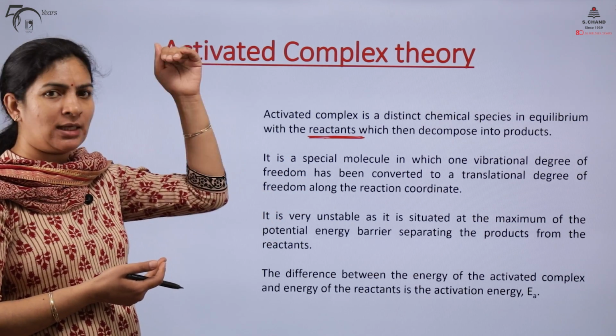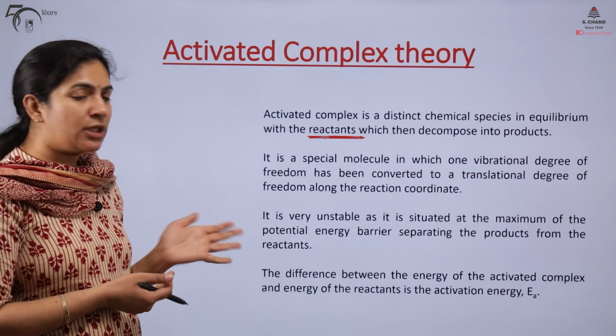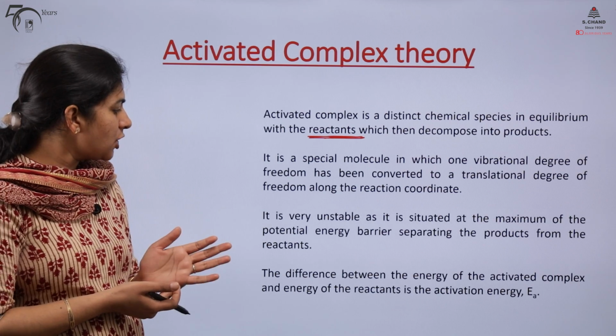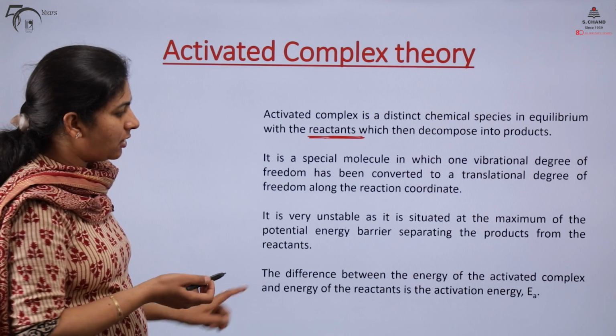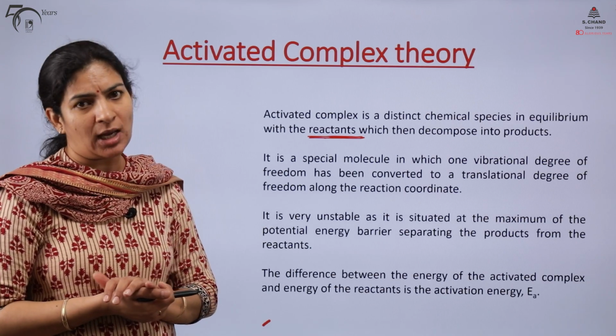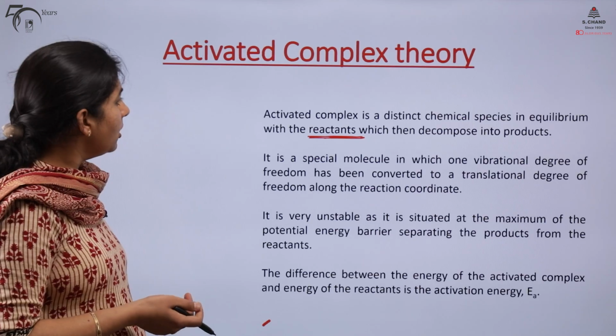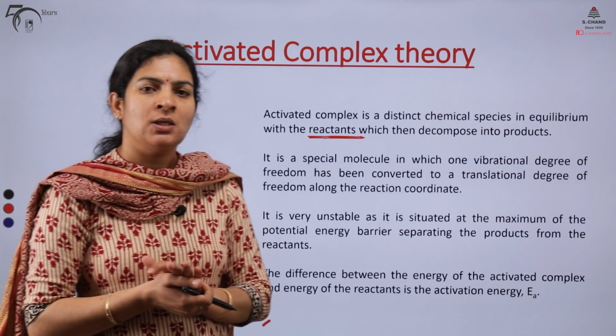It is lying at the maximum of this curve, so it is clear that it has higher energy, and the difference between the energy of the activated complex and the energy of the reactant is known as the activation barrier, as we've already understood from the previous slides.